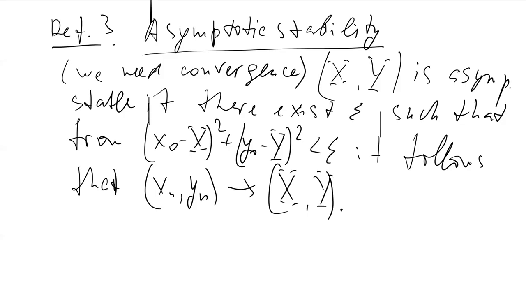So now we have convergence to the fixed point X capital, Y capital. Therefore, X capital, Y capital is called asymptotically stable.